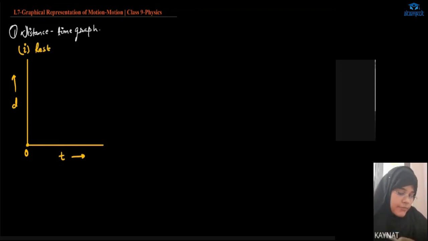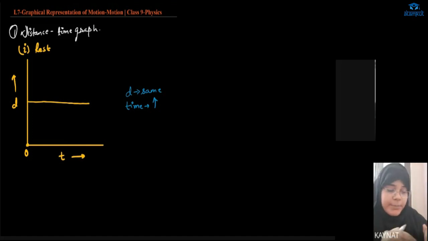So for rest, it will be like this. Here it is clearly visible that distance is remaining the same, but the time is increasing. If time is increasing and distance is the same, then obviously the body is at rest, because the time is increasing but the body is not moving, as its distance is not changing.